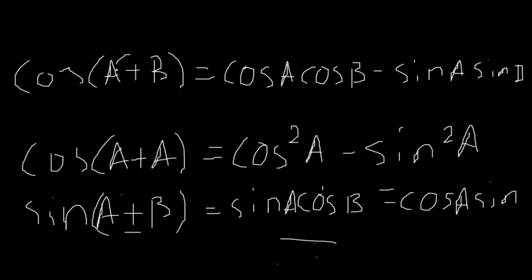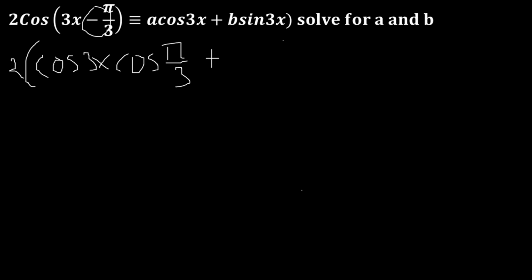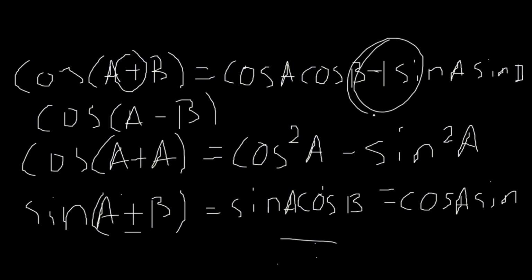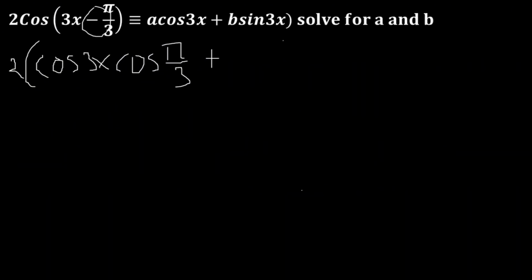If it's minus here, we're going to be putting plus. Like in this case, we have a minus here. That is cos (a minus b). We're going to invert this point. That will be cos 3x cos pi on 3 plus sin 3x sin pi on 3.